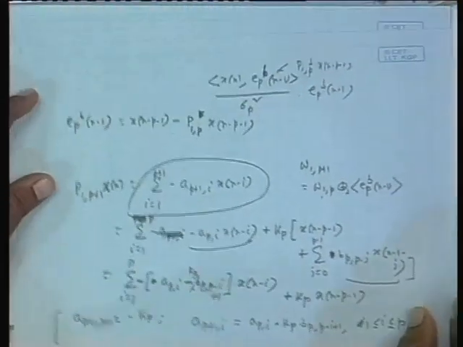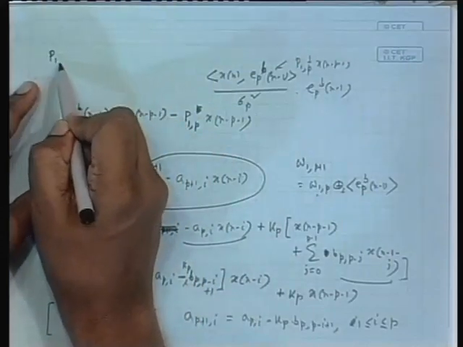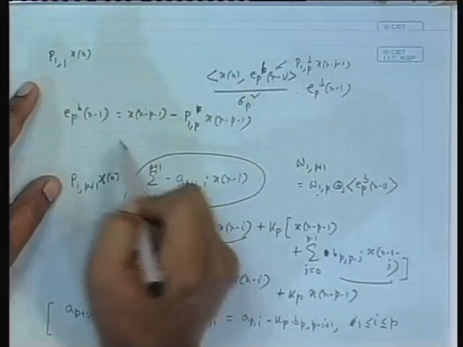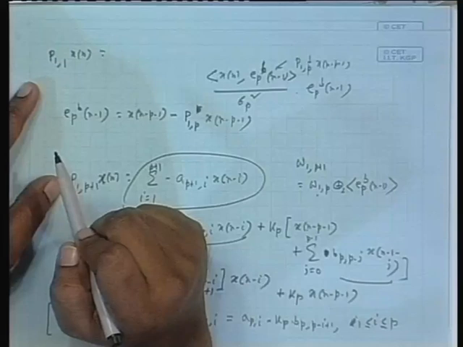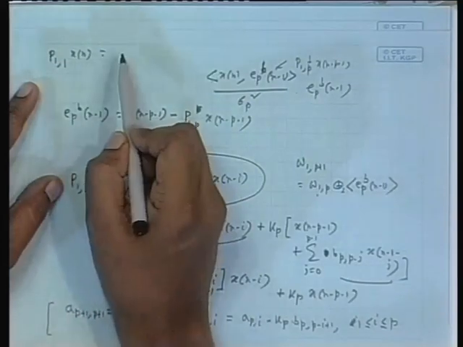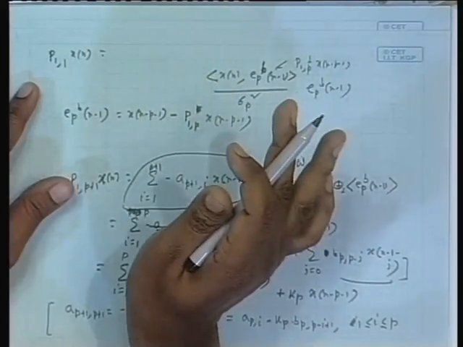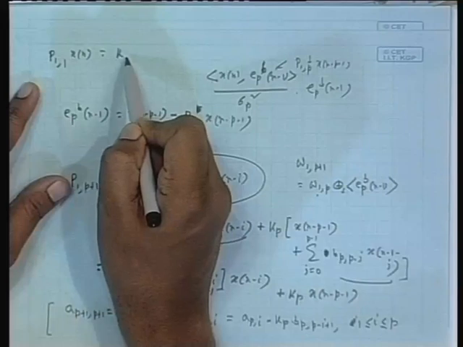Or you want to see what it is? That is, consider p 11 x n, just manually instead of this recursive formula. What is p 11 x n? There is x n projected on x n minus 1 times x n. So, that gives you k 0, isn't it?